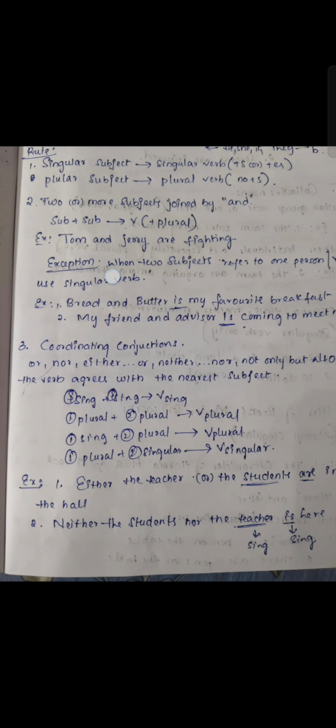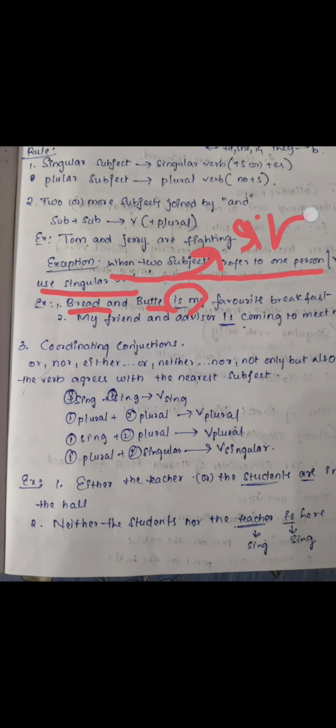For the second rule, we have an exception: when two subjects refer to only one person, we have to use a singular verb only. Like bread and butter is singular here. But Tom and Jerry are takes a plural form, right?